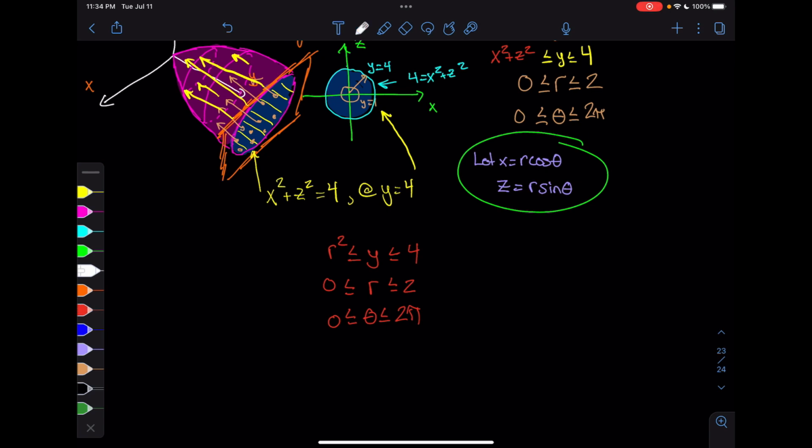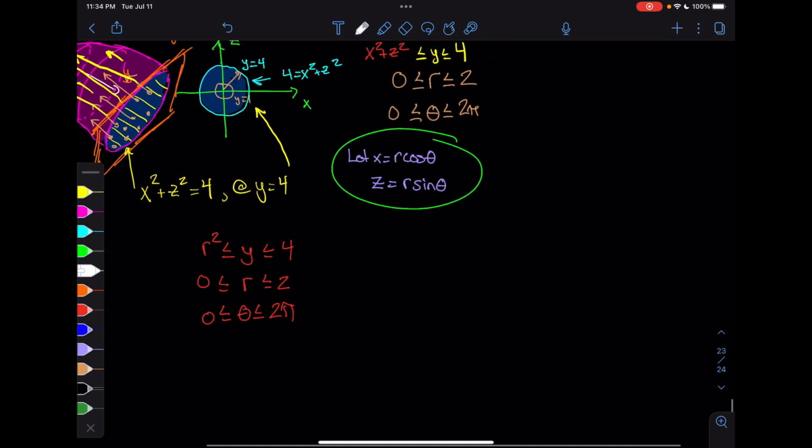So what does our triple integral look like? Our triple integral now becomes, our function, square root of x squared plus y squared. All of our bounds are constants with the exception of y.